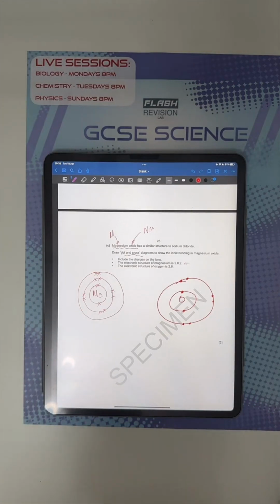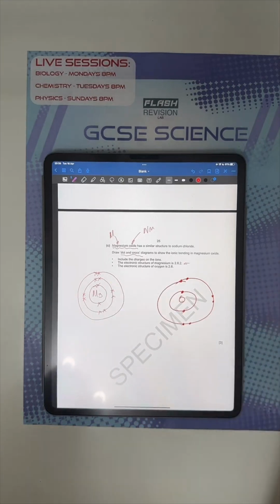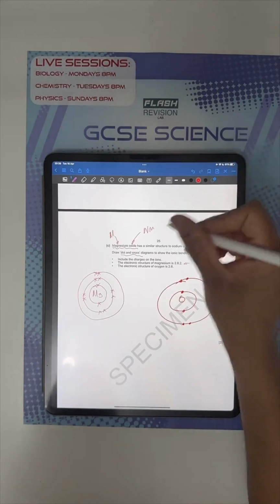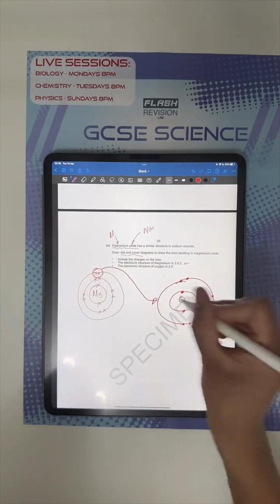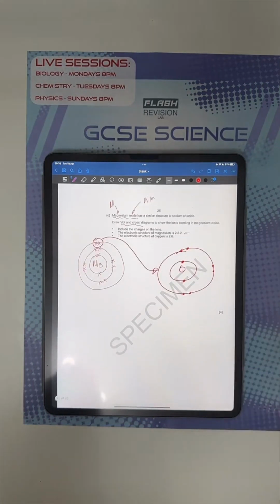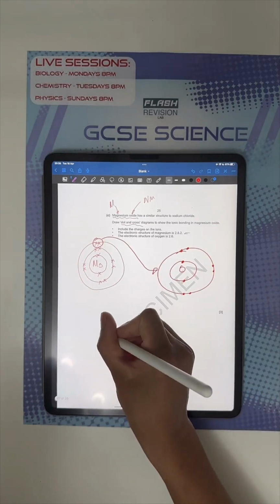So the aim here is to get a full outer shell. What's going to happen here to get a full outer shell? Magnesium is going to lose 2 electrons. Oxygen is going to gain 2 electrons. So these 2 electrons are going to go here. Okay, so you can redraw these now.